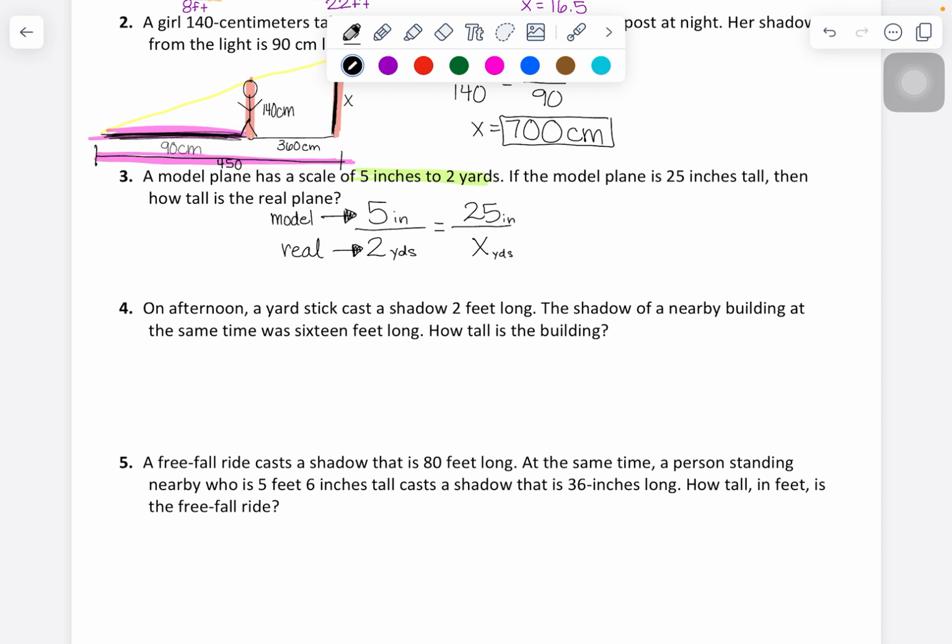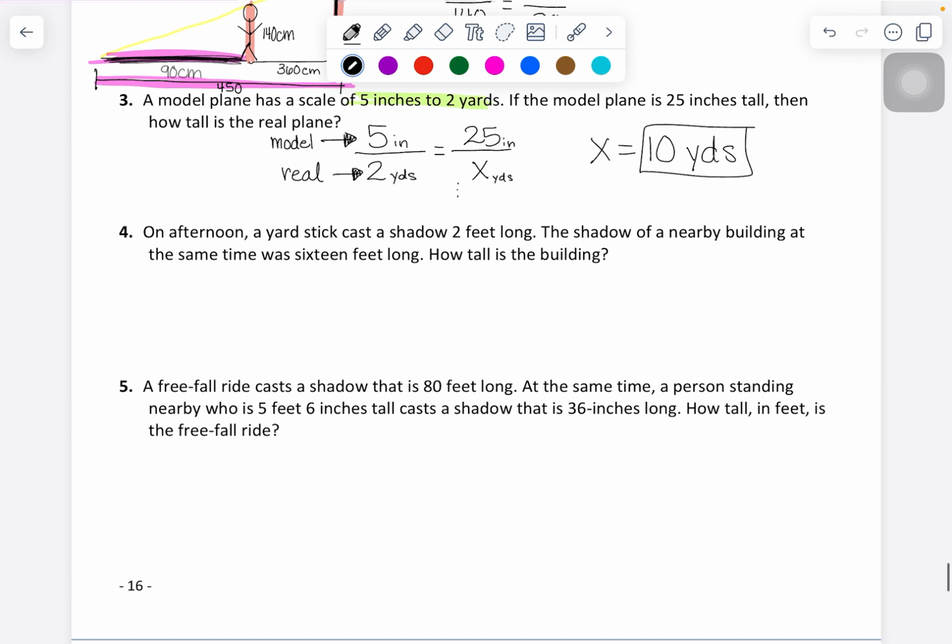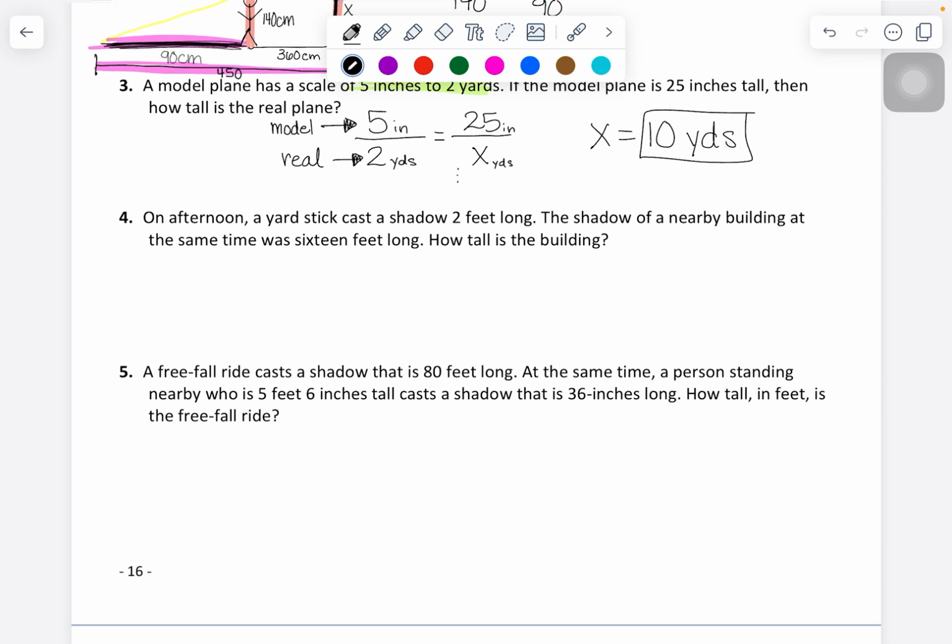And you are going to find that the real plane, you guys know how to solve. You will get X is equal to 10 yards. So in the scale problems, you don't necessarily need the picture as much.